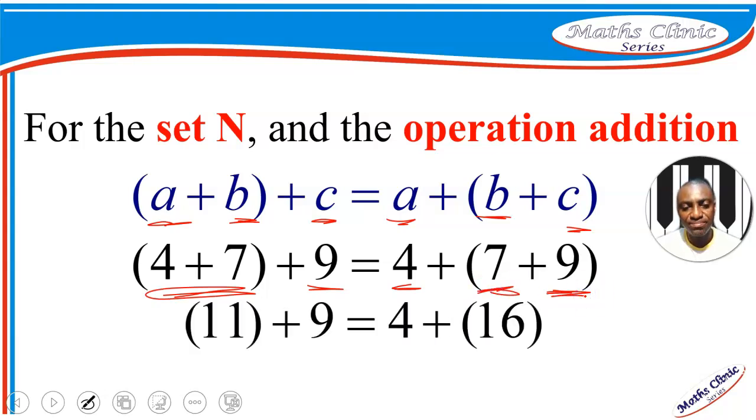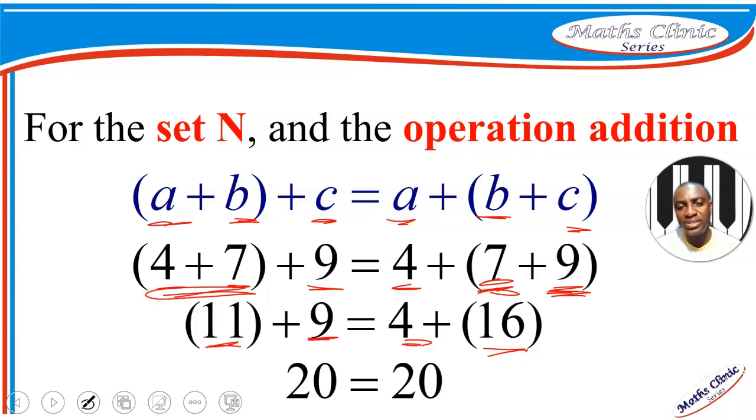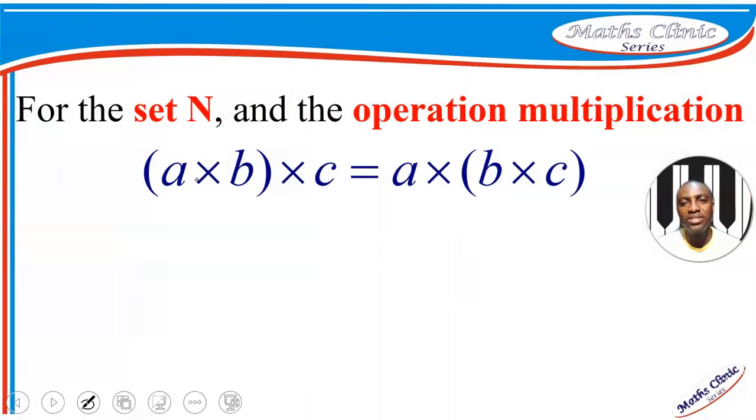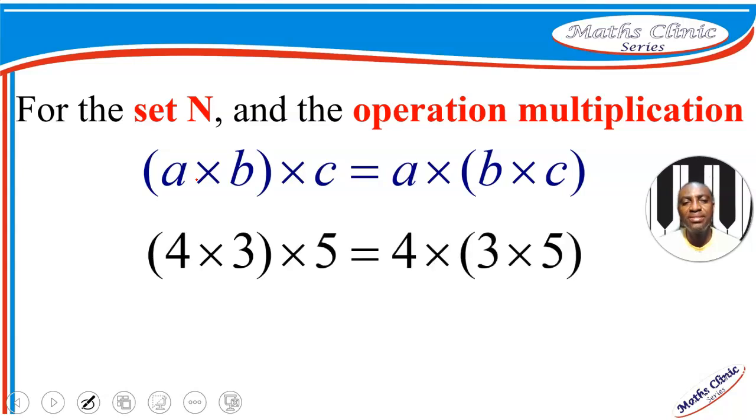The 4 plus 7 gives me 11, plus the 9, or 7 plus 9 gives me 16, plus the 4. In each case, I get 20. Since the left-hand side is equal to the right-hand side, my conclusion is that addition is associative under the set of natural numbers.